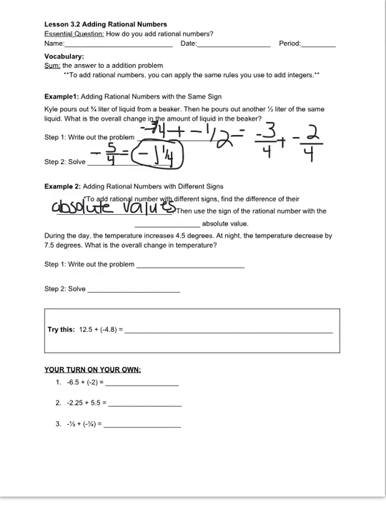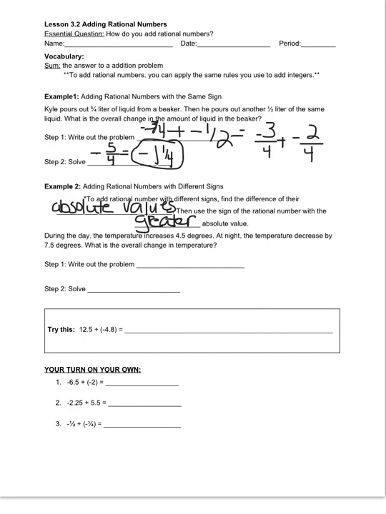And then we use the sign of the rational number with the greater absolute value. So if the negative has the greater absolute value, meaning it's farther away from 0 on a number line, then the negative would be the sign of your sum. Or vice versa, if the positive has the greater absolute value, then we would have a positive sum.